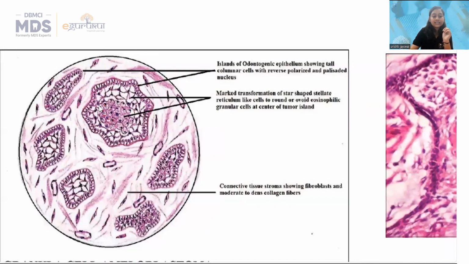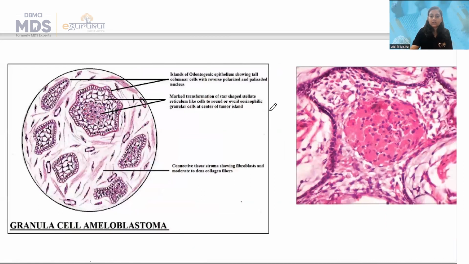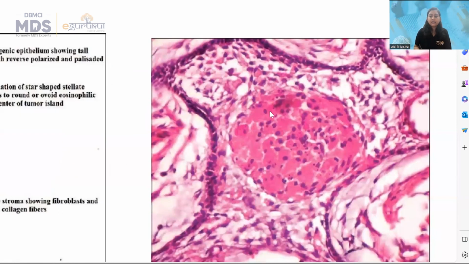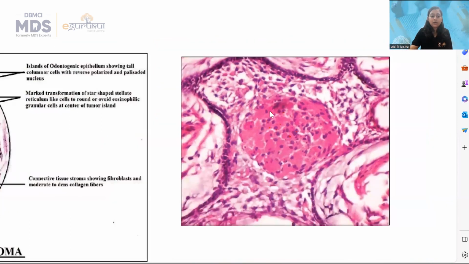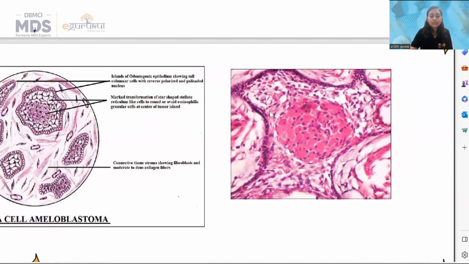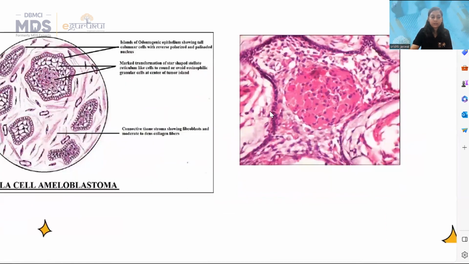In granular cell ameloblastoma, granules are present in the cytoplasm of the stellate reticulum cells. Here again, this is the histopath. A lot of granules are seen, and because of these granules, this is a very aggressive form of ameloblastoma.